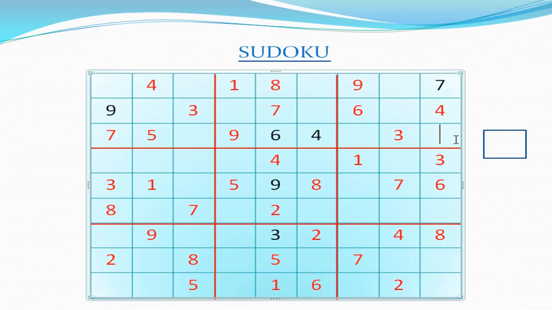I cannot. Sorry, I can. I may. Because in this column, no 1. In the block, no 1. In the row, no 1. So 1 has got 2 places possible. So I will not place because unless and until I'm sure, I'm not going to place any number.